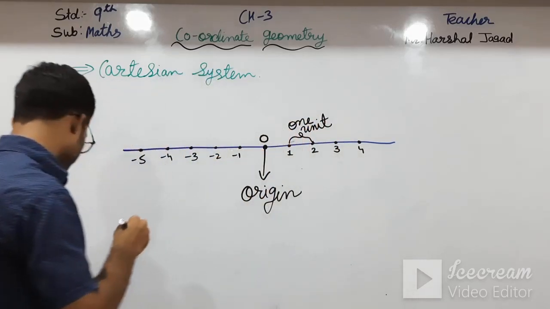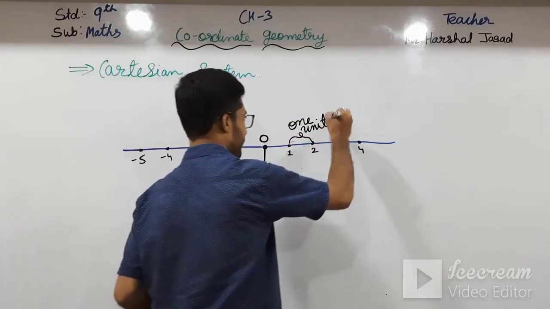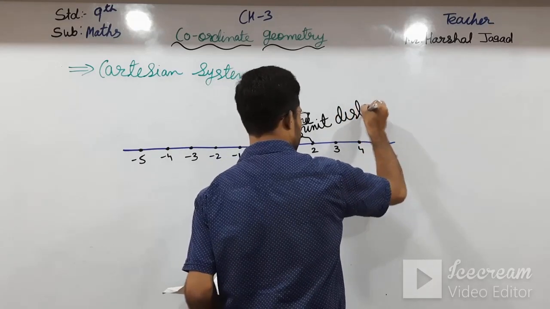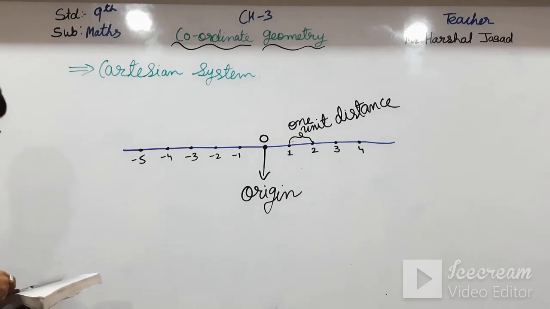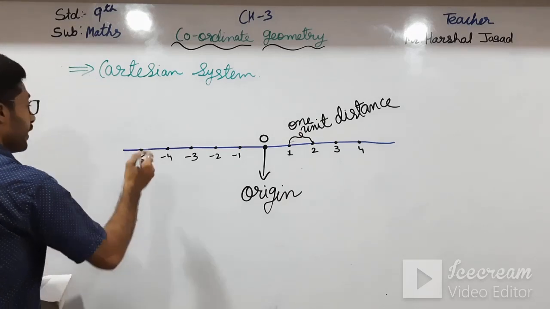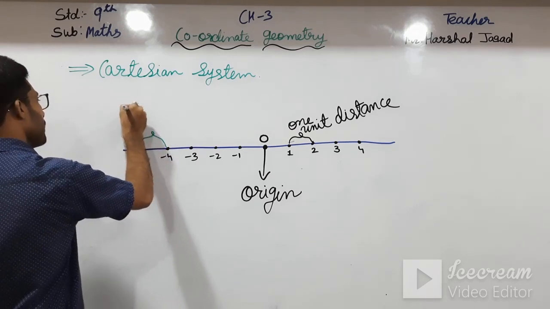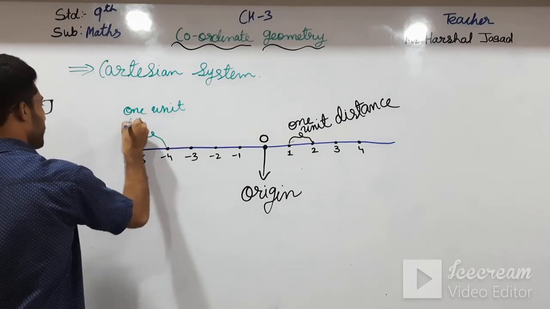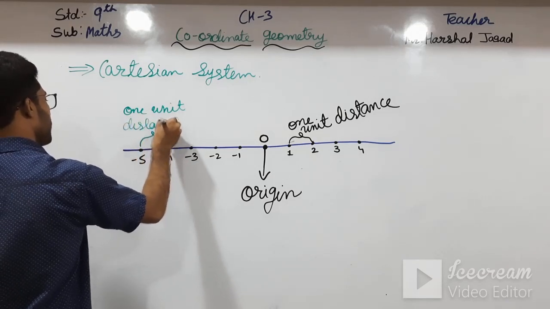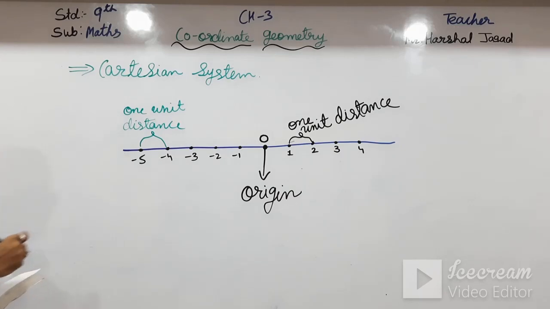It is 1 unit distance, and here also the same. If you take any of these from one point to another point, then it is 1 unit distance.